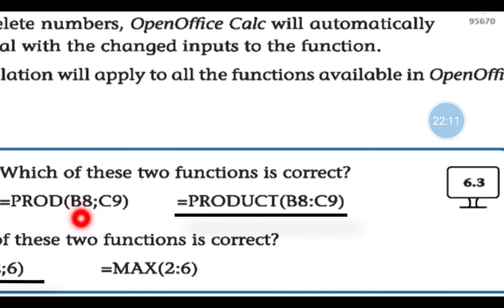If we are writing the starting cell address to the ending cell address, then we have to use this colon symbol. They have used this semicolon, so this is wrong. And here they have written only PROD, this is also wrong. Here you have to write the full name, product. So this is the correct formula.